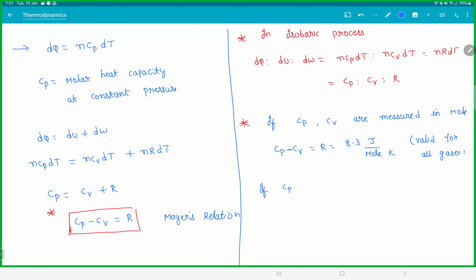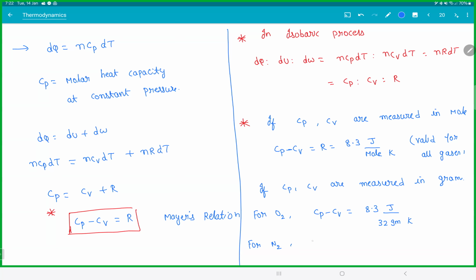But for some reason, if Cp and Cv are measured in kgs or grams, see what happens. Cp minus Cv will be 8.3 joule. Let's say for oxygen, what is 1 mole of oxygen? 32 grams.